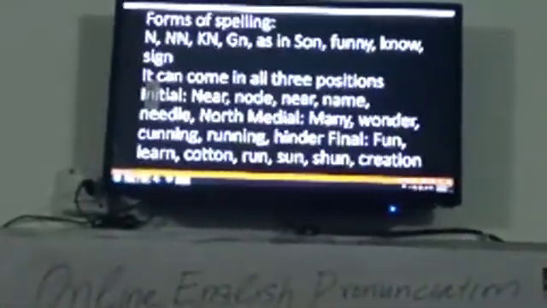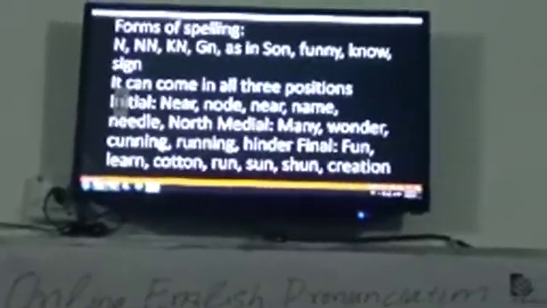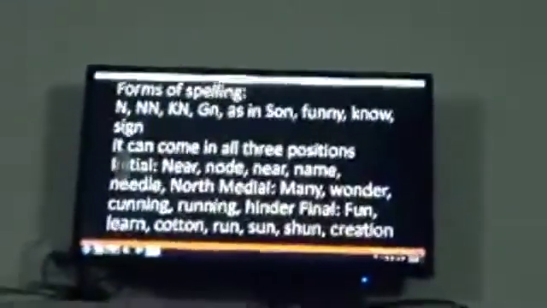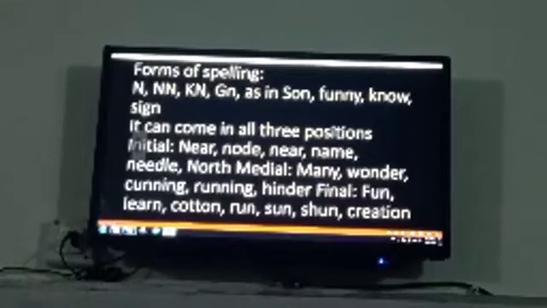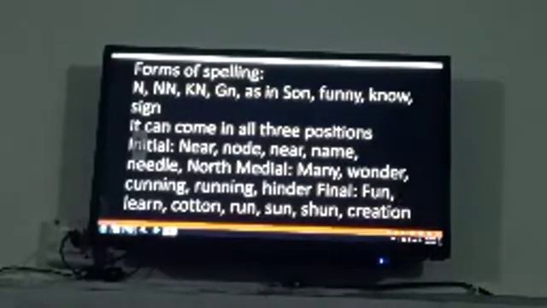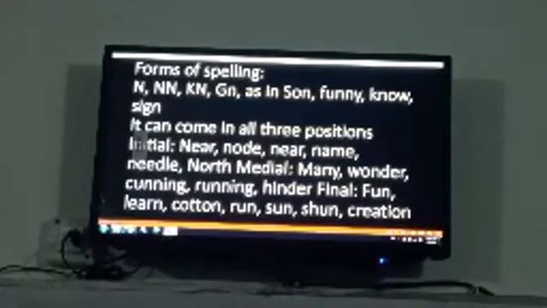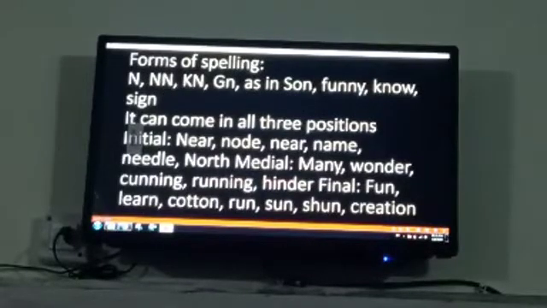As I discussed this point when I was talking about K, when kn comes together, K comes before N, then K is silent. So kn is in know, knowledge, need, etc. And gn, when G comes before N, then G is also silent, like sign.